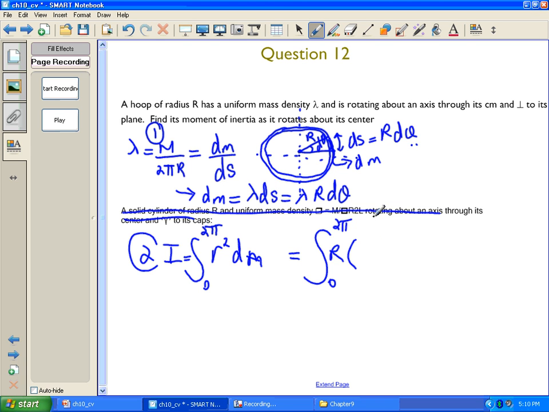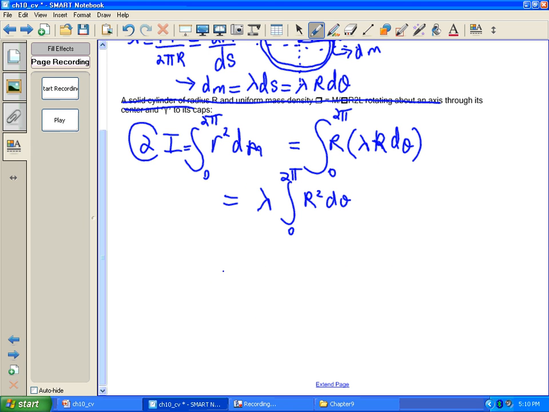And we just obtained the value for dm as lambda r d theta. So our integral becomes, lambda comes out, it's constant, r squared d theta from 0 to 2 pi. But guess what? R squared is also a constant since R does not vary with angle. All the mass elements are fixed at a position R squared, and so really this integral is just the integral of d theta from 0 to 2 pi.